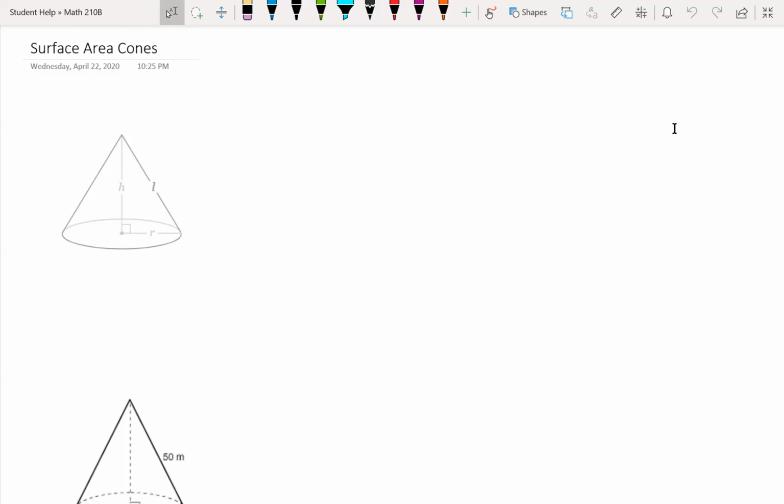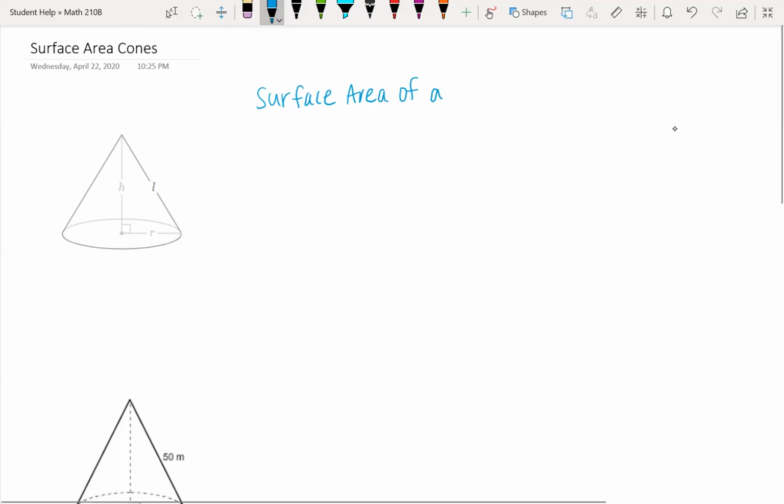And I'm going to show you how the formula for pyramid and for cone are similar. So the surface area of a pyramid is the base plus 1/2 the perimeter of the shape times the slant height.